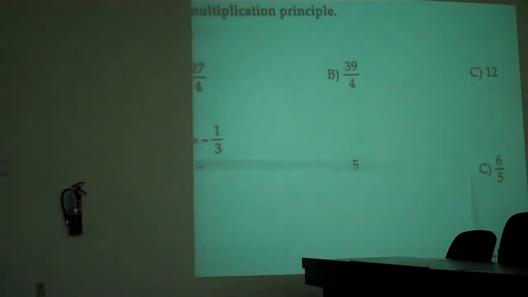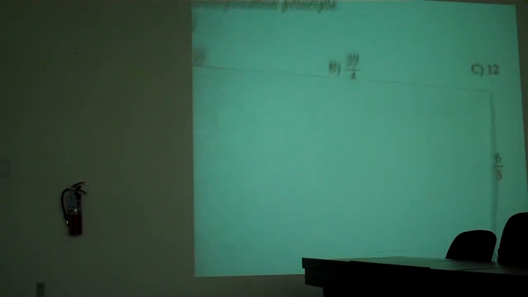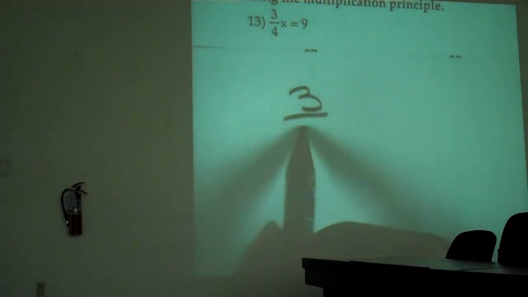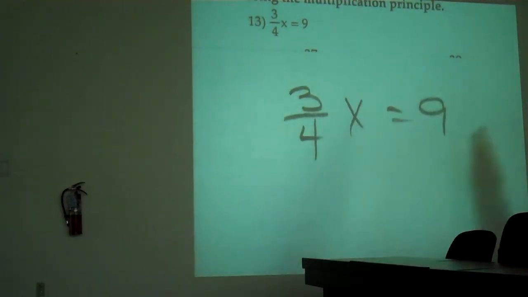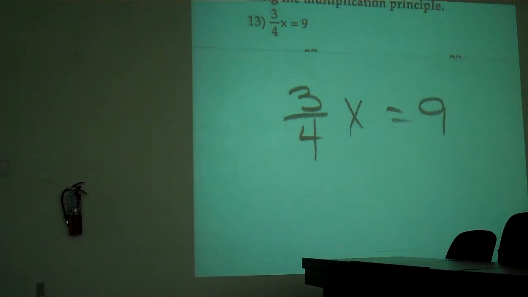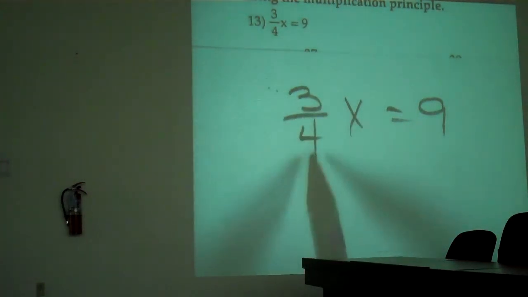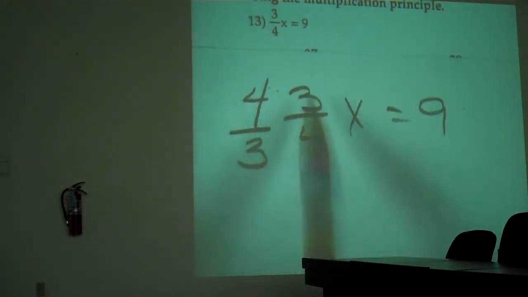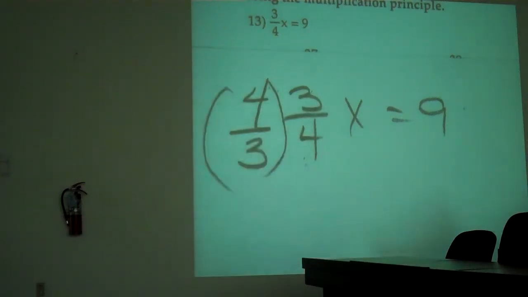So number 13 is similar. Where you can see it here. You have a 3/4 x equals 9. Okay, what do we want to multiply by or divide, or what do we want to do here? You could either multiply by 4 and just get rid of the 4, or we could multiply by the reciprocal and we'll get rid of both of them at the same time.